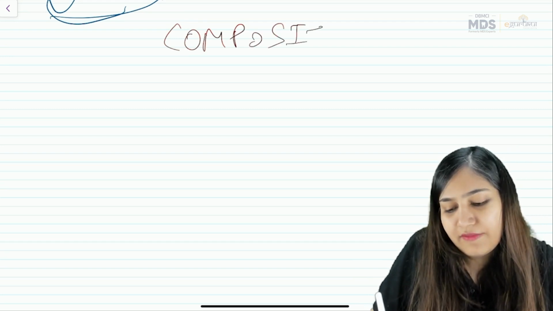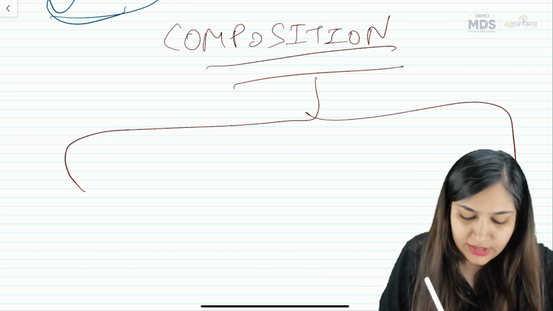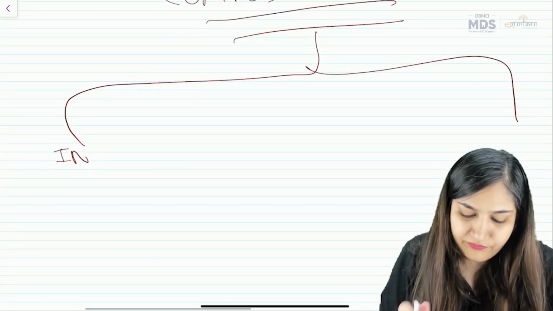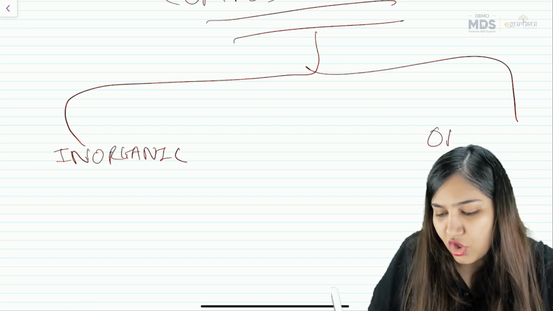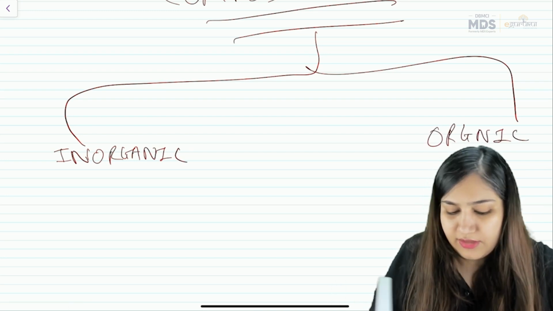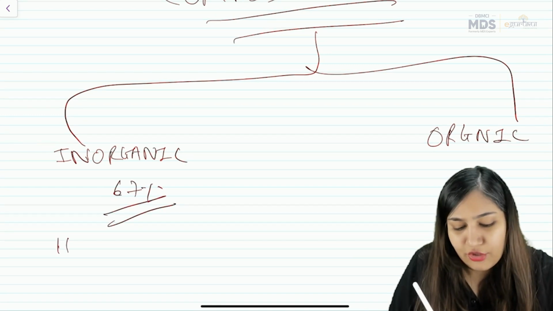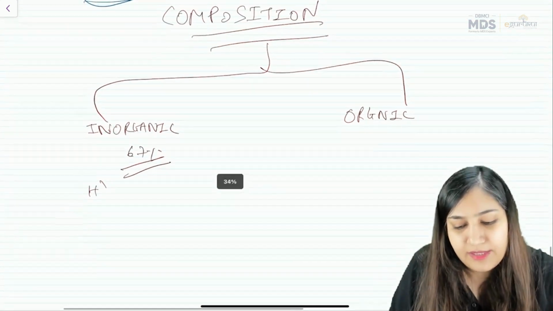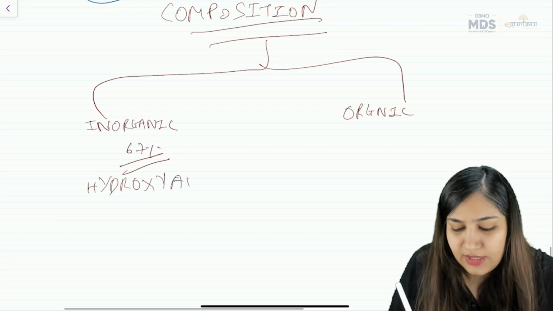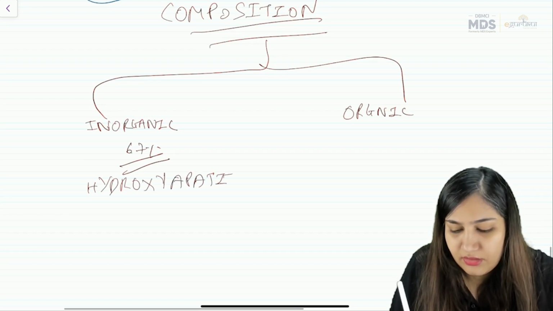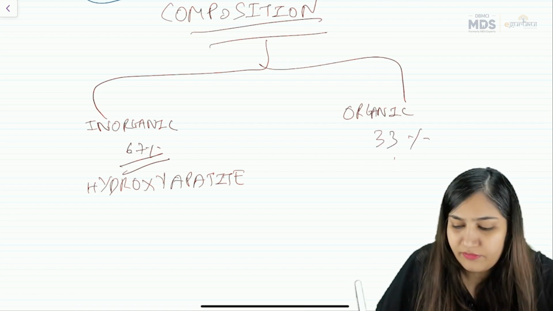As we have seen in enamel and dentin, it is the same: organic as well as inorganic components. Inorganic is 67%, mainly hydroxyapatite, and organic is 33%, right?